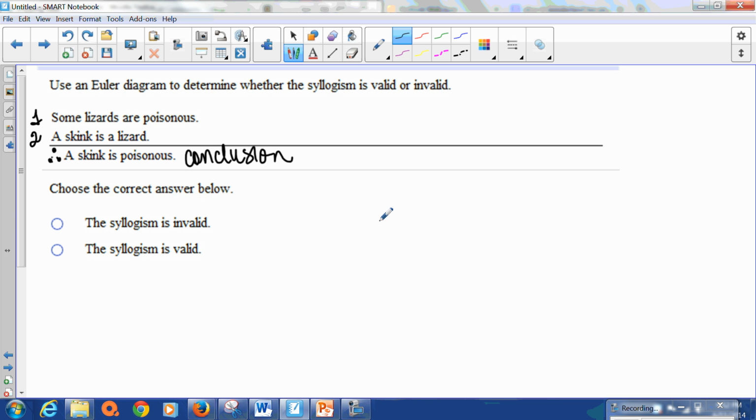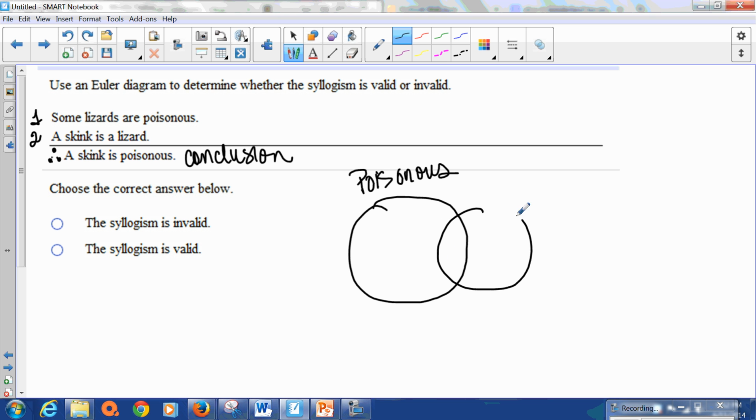Some lizards are poisonous. So in the world of things that are poisonous, some of those things are lizards. Yes, the Venn diagrams are back.